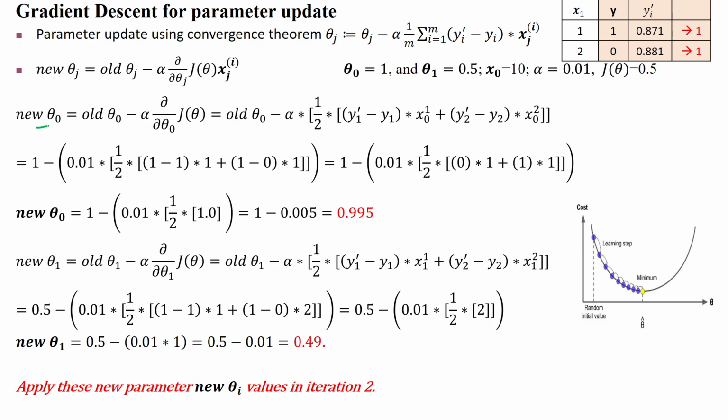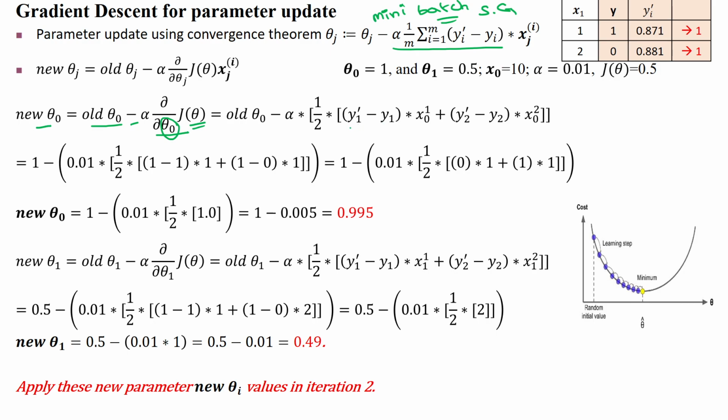Here the new theta 0 will be updated using old theta 0 minus alpha times the partial derivative with respect to theta 0 of J(theta). The equation is given based upon the mini batch stochastic gradient approach. Now we substitute the values for the two samples.